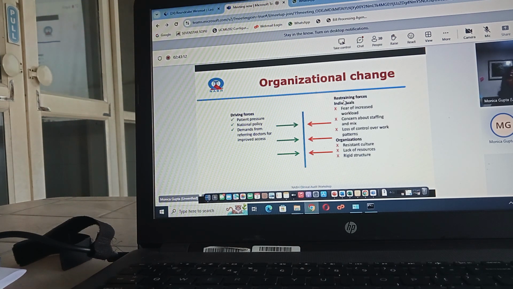So there will be driving forces like patient pressure, national policy, demands from referring doctors or financial incentives, etc. And there will always be restraining forces like individuals may have a fear of increased workload, may be concerned about staffing and loss of control over work patterns, and at the organization level there might be a resistant culture and also lack of resources and rigid structure. Like all of these can come to play.